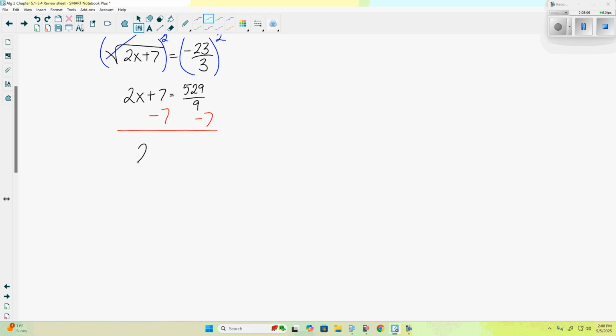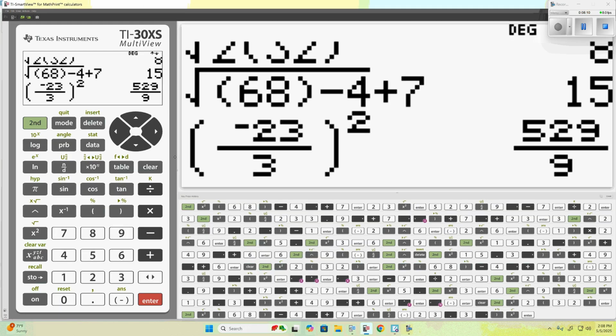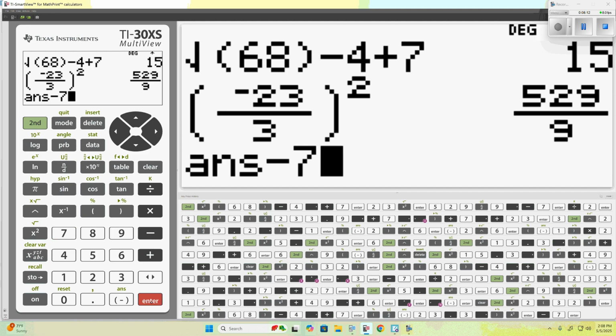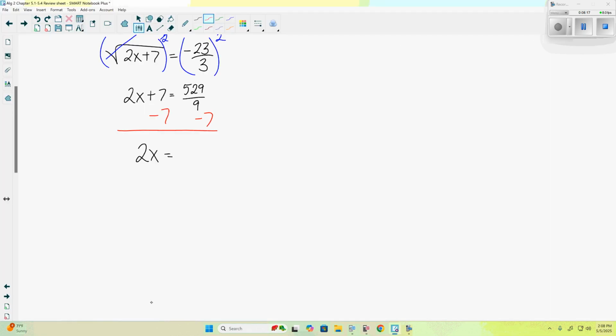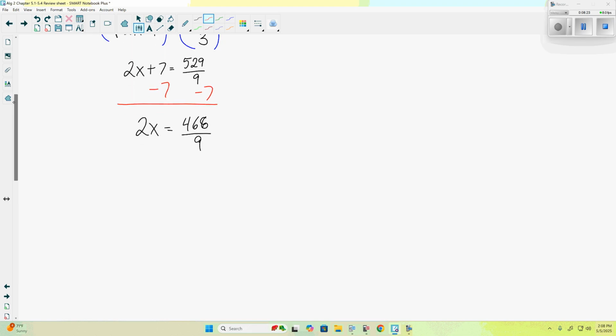We can subtract 7. So 529 over 9 minus 7 is 466 over 9. And then lastly, we would divide by 2, and we get 233 over 9.